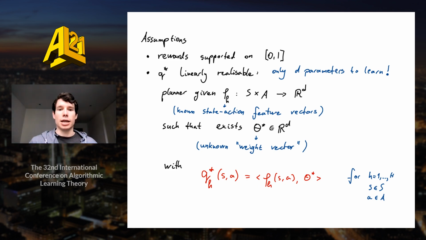And what that means is that the planner, because we're going to be looking at planning, is given a feature, a d-dimensional vector for each state, action, and stage, such that there exists a d-dimensional hidden weight vector, such that the Q star at stage h of state and action is exactly equal to the inner product of that feature and the hidden weight vector. So the feature is known and the weight vector is unknown. In this sense, no matter how many states or actions the MDP might have, we only have d parameters, this theta star vector, to learn.